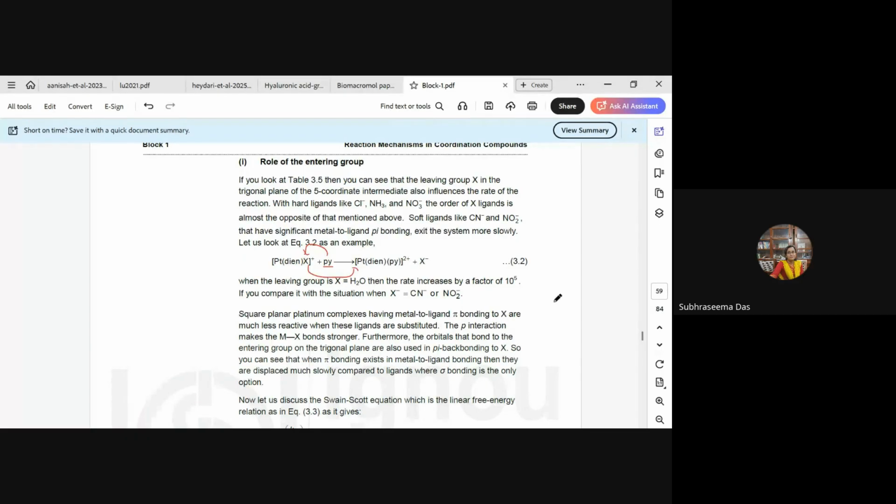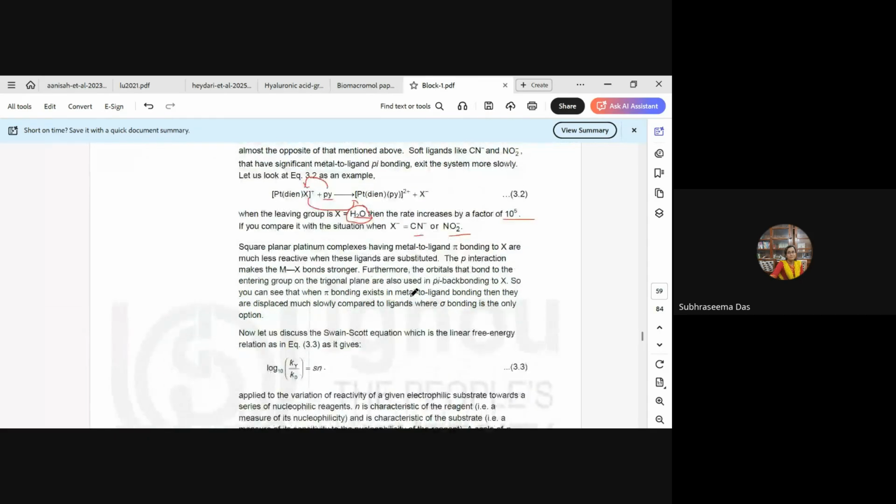Then if X is H2O, the rate of this reaction increases by a factor of 10 to the power 5, compared to when X is CN or NO2 minus. So we see that the role of the group, which enters into the complex, also increases or decreases the rate constant.